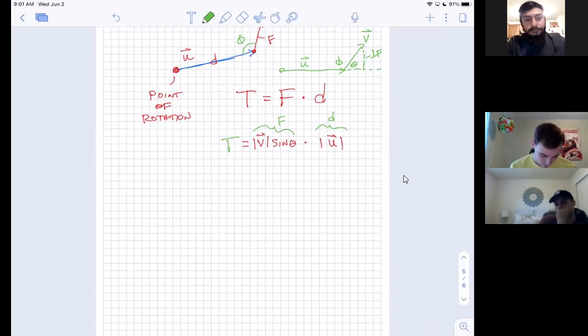So I think I'll start this with something 2D. What's a cross product? Where does that come in? How does that come into play?